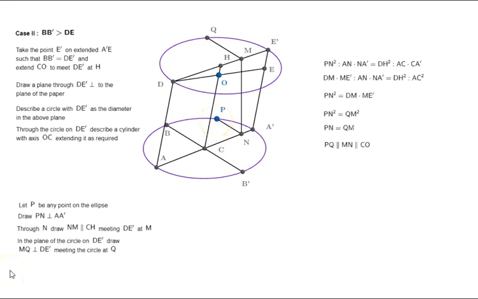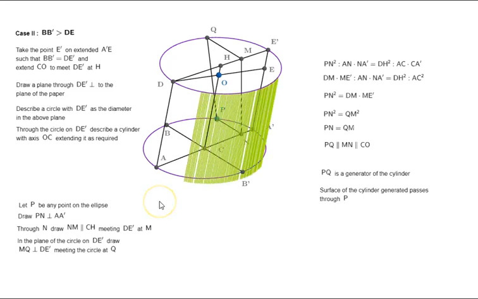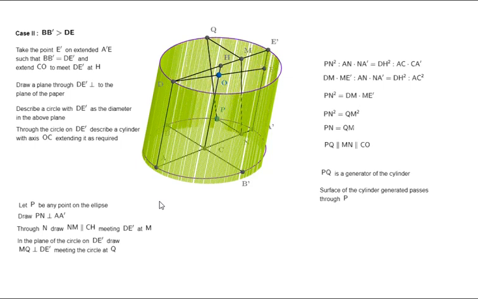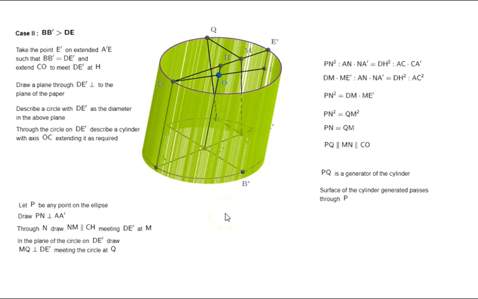Let me join PQ also. Which means PQ is a generator of the cylinder, and the surface of the cylinder generated passes through P. So that is how we have arrived at this cylinder, which passes through the circumference of the ellipse. So this was the case where BB prime was greater than DE.